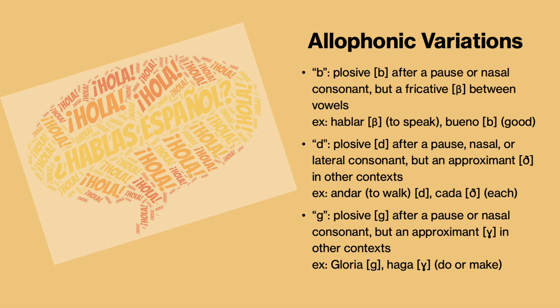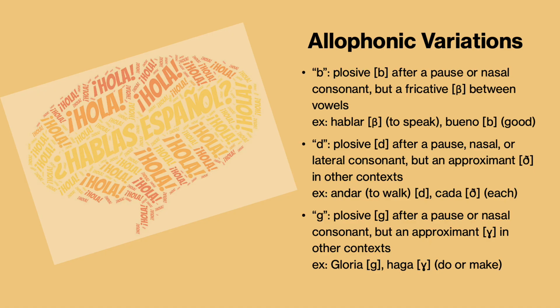So instead of the plosive ba, you're going to see a fricative ba. It almost sounds like a V sound in English. An example of that is going to be hablar, which means to speak, as opposed to bueno, which means good.